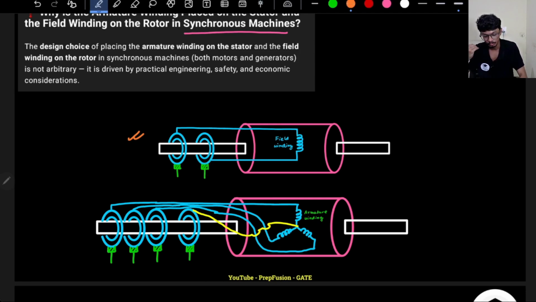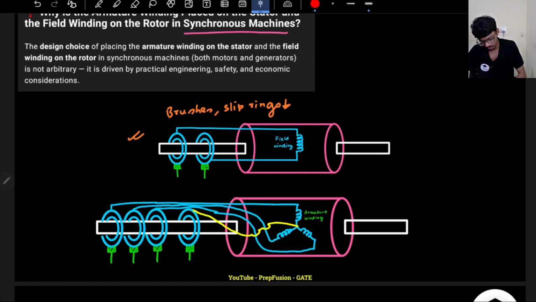Here it will be required in lower numbers, so fewer brushes and slip rings. That is one of the advantages.